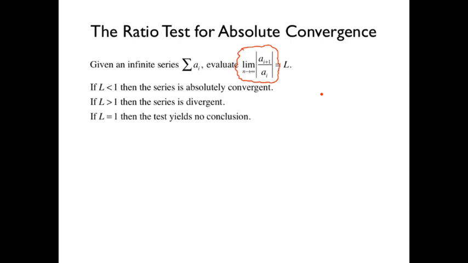And then we're going to look at the limit of that ratio. We're going to evaluate the limit, and then here are the possibilities. If that limit is less than 1, then the series converges absolutely. If that limit is greater than 1, the series diverges. And if the limit equals 1, then the test doesn't tell you anything. No conclusion.